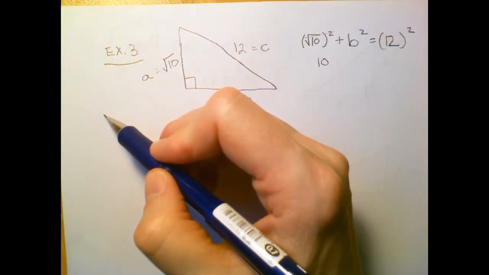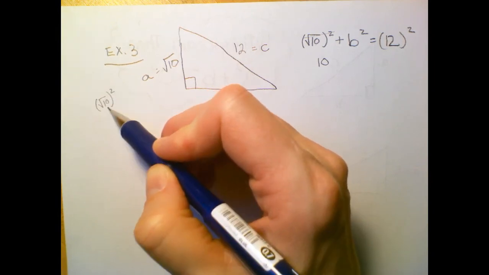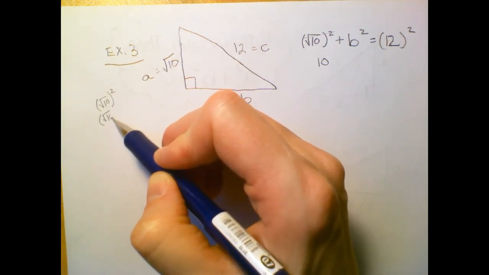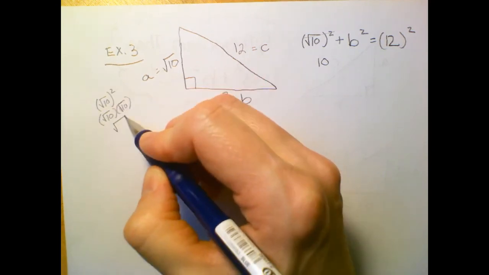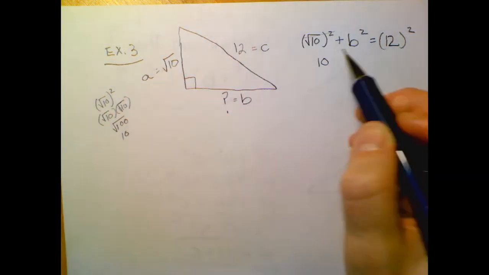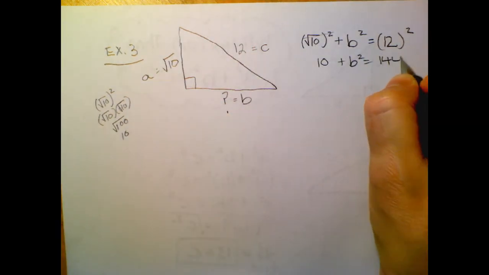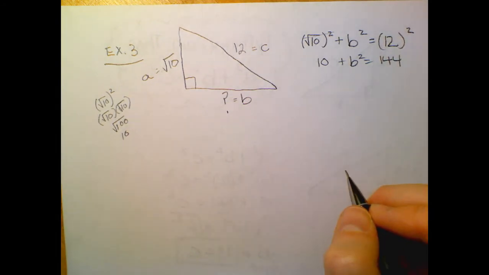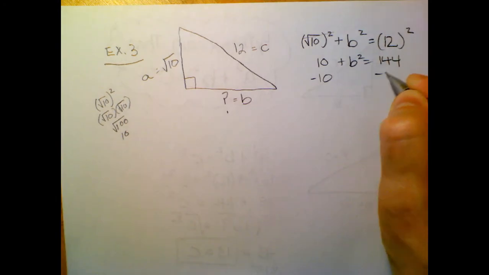Another way to look at it is if you're going to square the square root of 10, that means to take the square root of 10 and times it by itself, which is the square root of 100, which is simply just 10. 144. All right. Now we'll go ahead and get the b squared all alone.